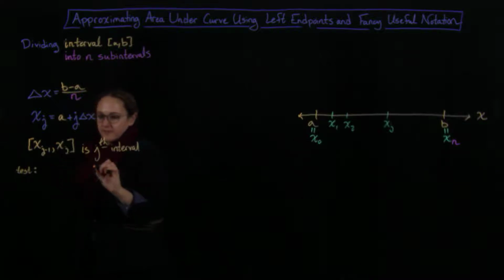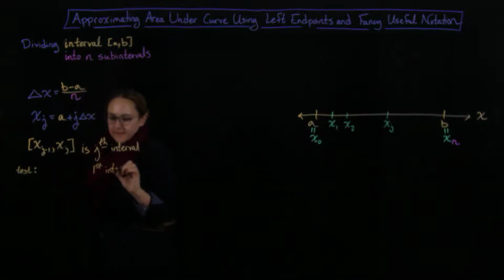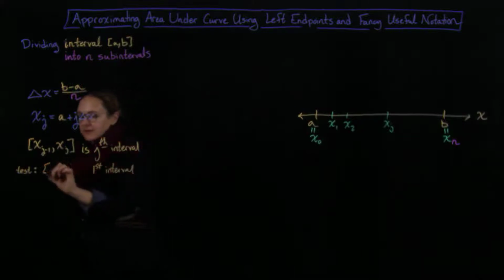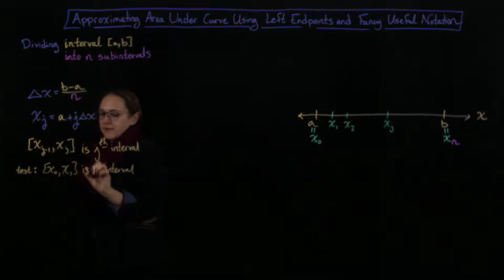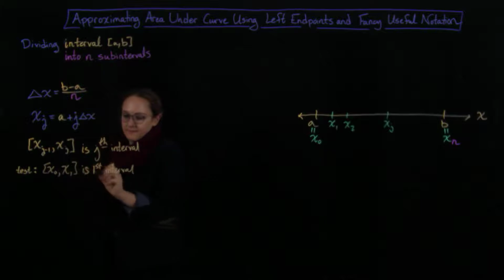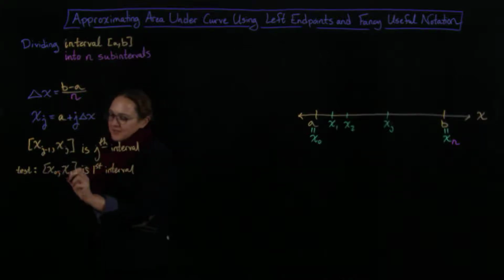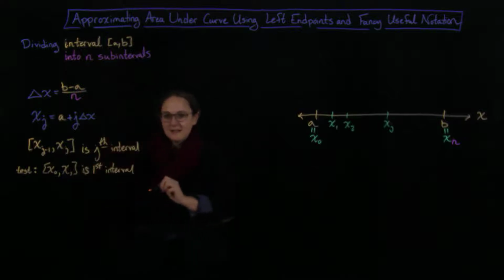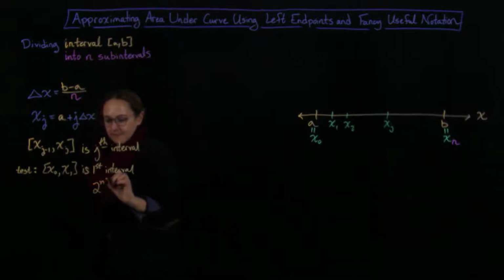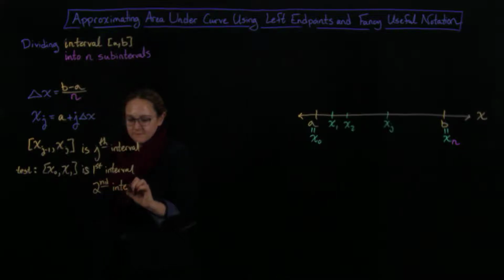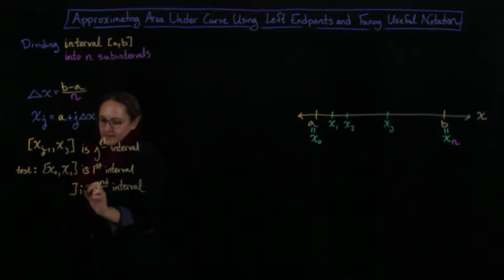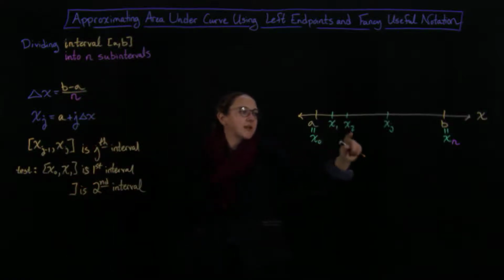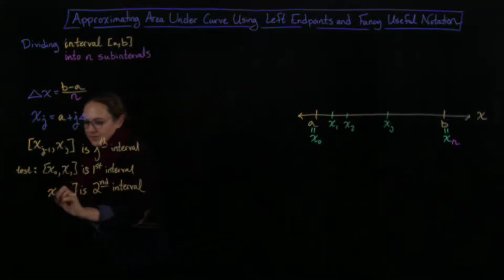The first interval is x0, x1. That looks right, because for the first interval my j equals 1, and I subtract off 1 for the left endpoint and keep j for the right. For the second interval, my right endpoint is x2 and my left one is x1, so I have x1, x2.